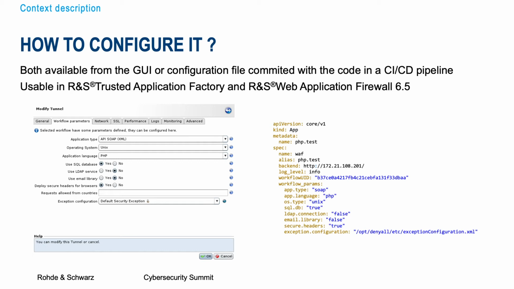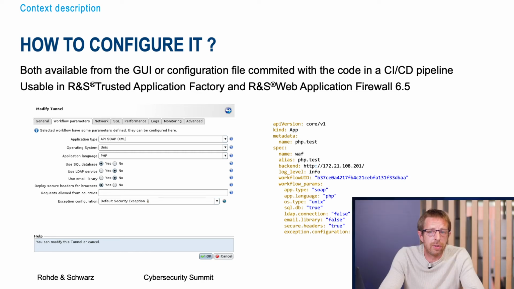It will be the generation of YAML web files mainly, and on the left you have how we can do it today with the current version 6.5. So I will show you some scenarios for the current version.